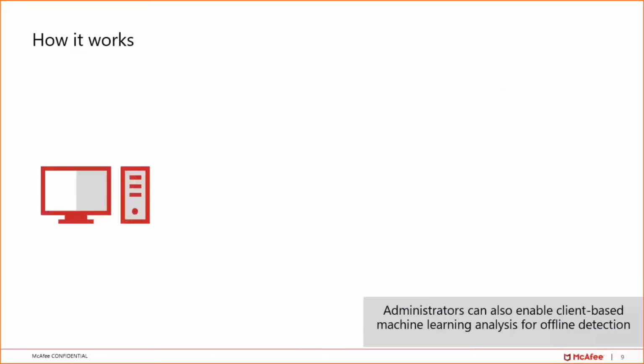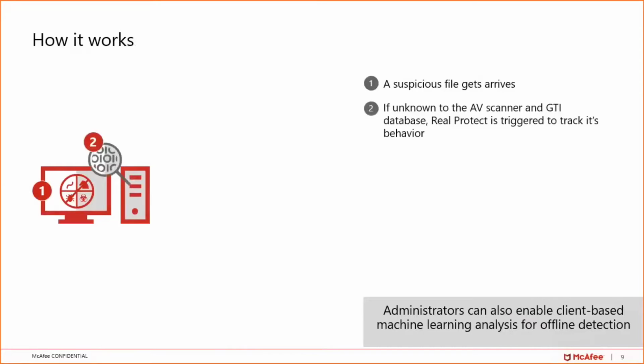So how does that work? When a suspicious file arrives, which means that McAfee cannot guarantee that it is safe, nor can it confirm that it is dangerous, it's right in the middle. It's unknown. That triggers this behavioral tracking system, which allows the user to launch the program but monitors very closely exactly what the program is doing.